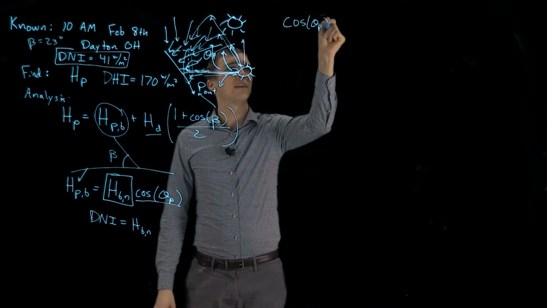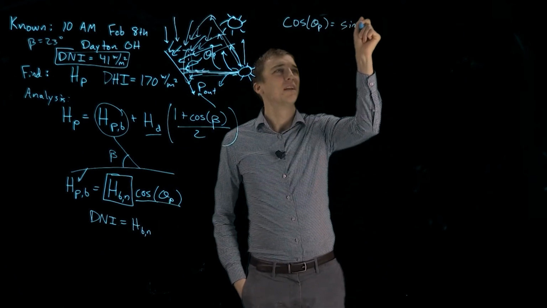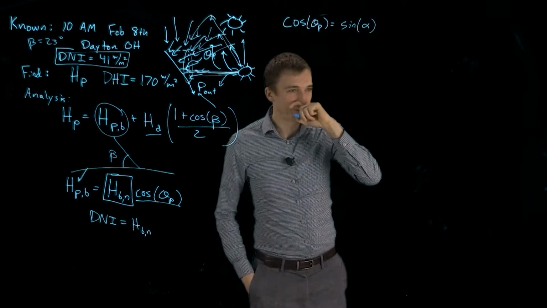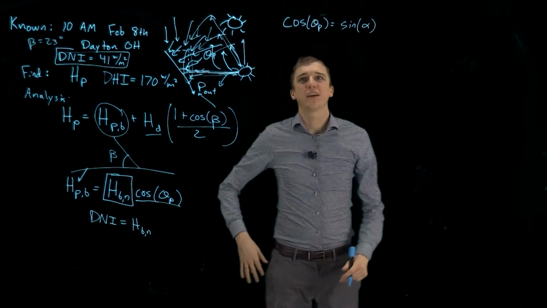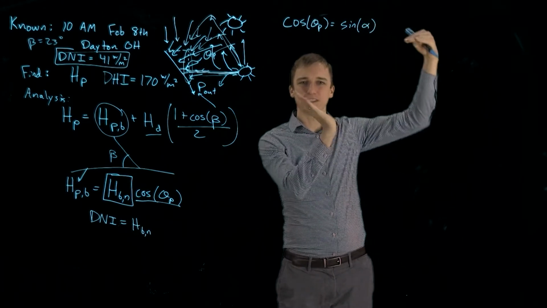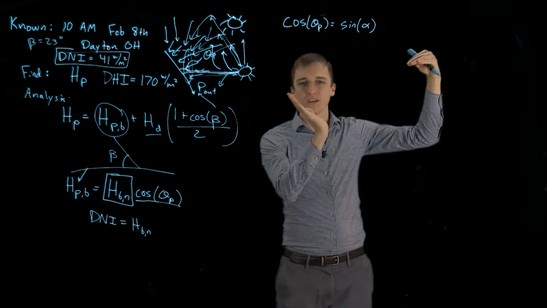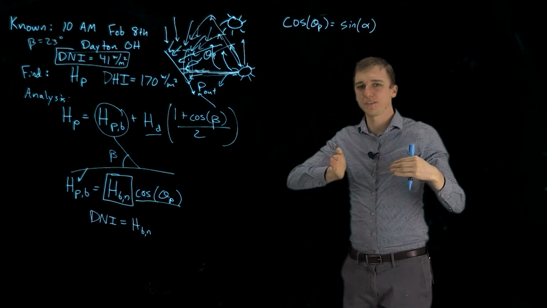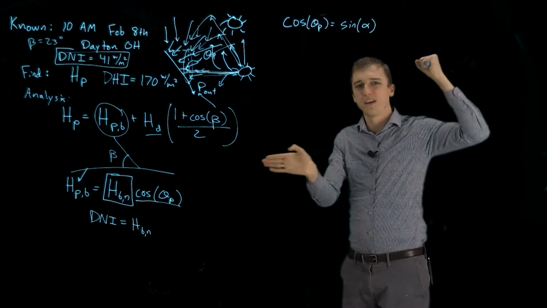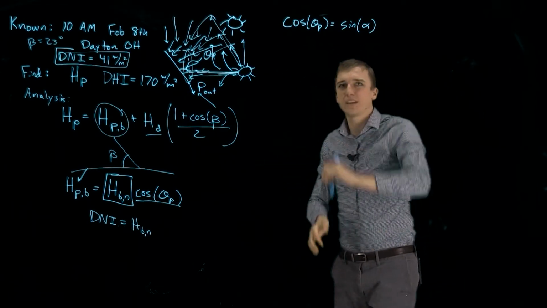The cosine of theta p is equal to, this is just projecting the panel, accounting for variations in the tilt of the panel with the position of the sun, where this is alpha and this is beta. And then it's also accounting for the position of the panel relative to south, accounting for the fact that the sun is moving relative to south.